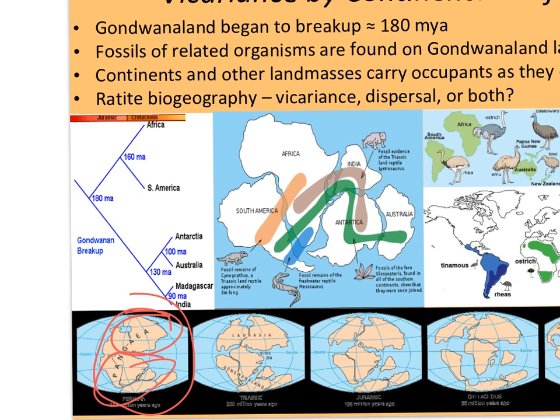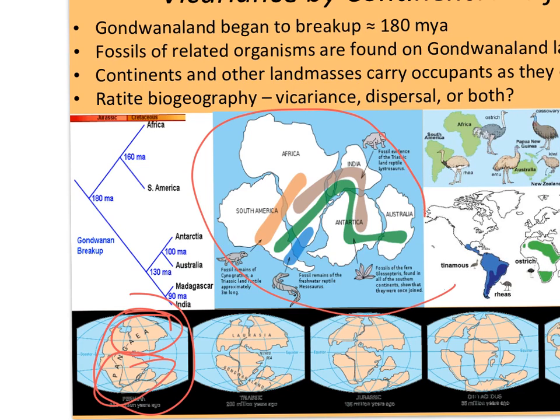And you can see this is what it looked like. And they shared taxa. So that's why you can find very similar fossils in the same strata in South America and Africa, because at one time they were connected, right? And they split apart, but the same fossils are still there. And the same rock types are still there, okay?